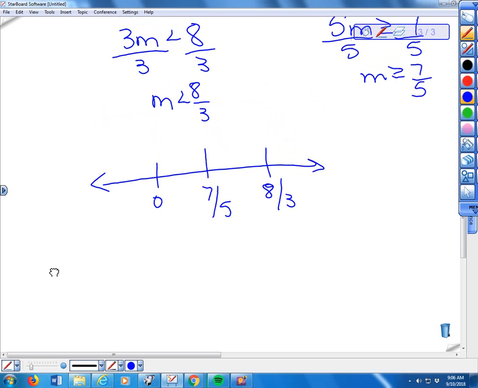Okay, and it says it's less than 8/3, right? And it's greater than or equal to 7/5. Right? So this actually was an and.